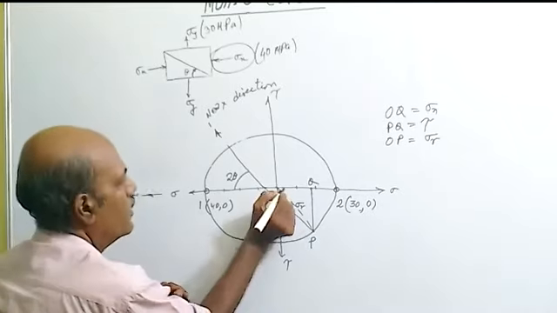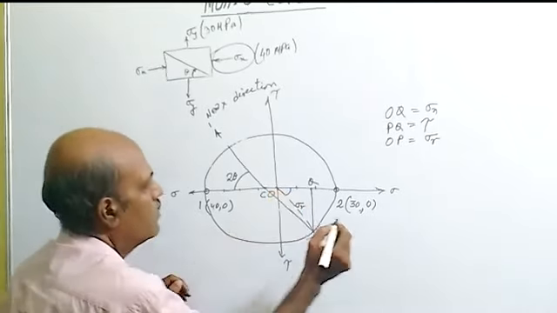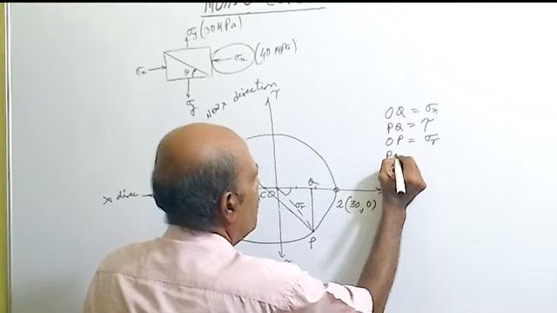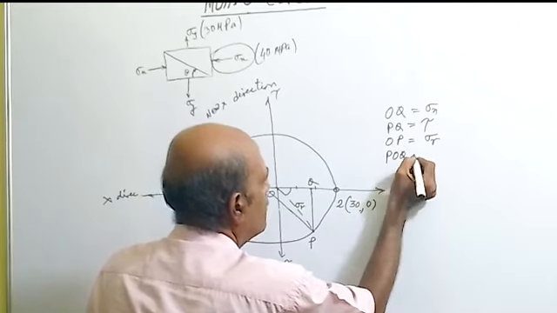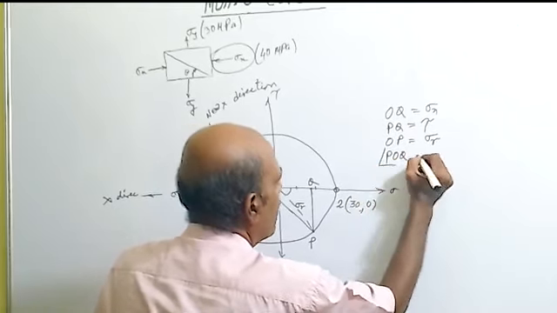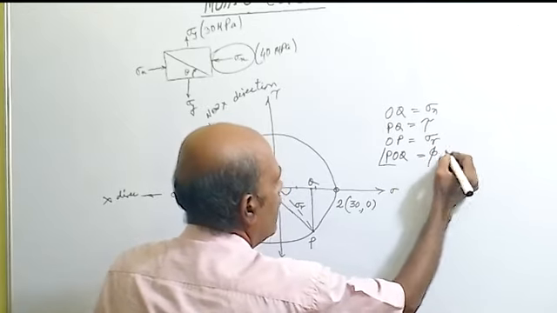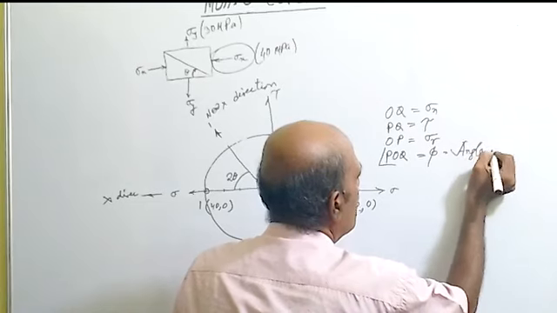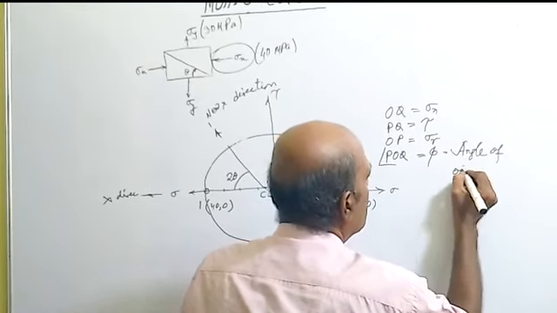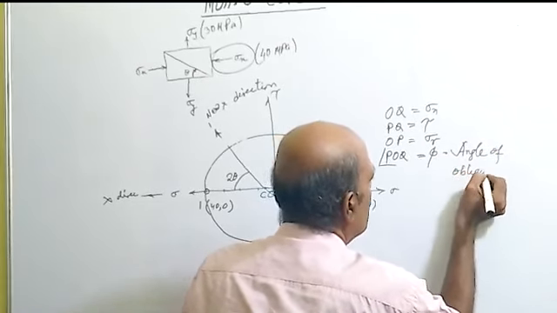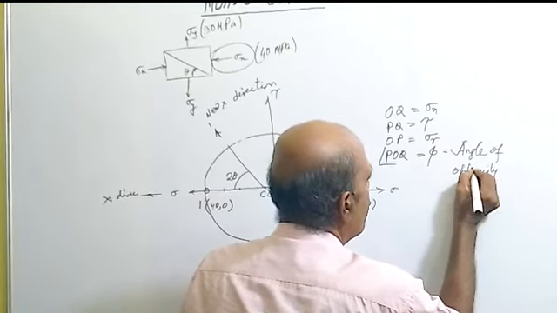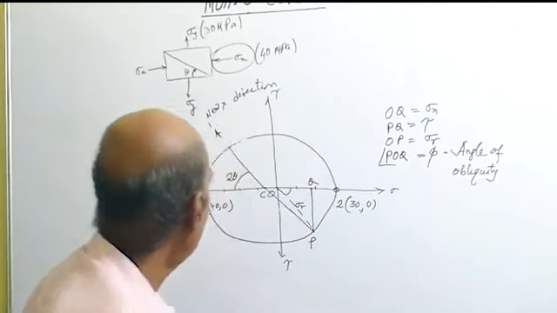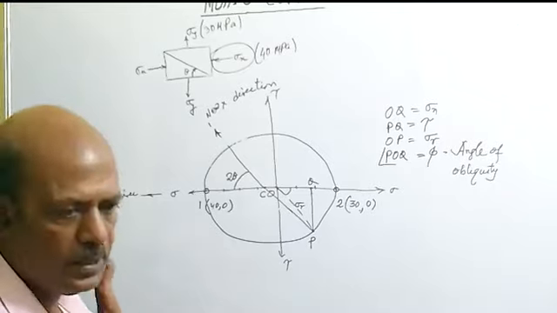Measure the angle POQ, denoted by phi, known as the angle of obliquity. Okay, by this way we can solve this problem very easily.